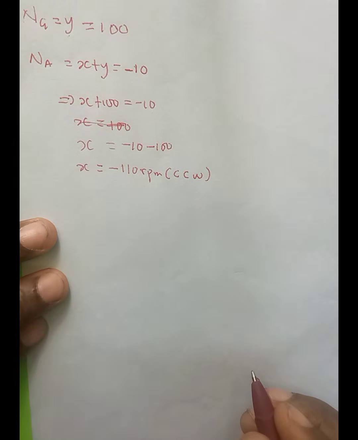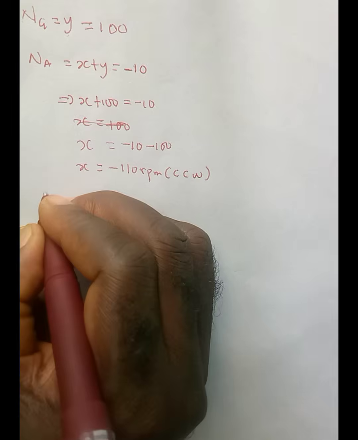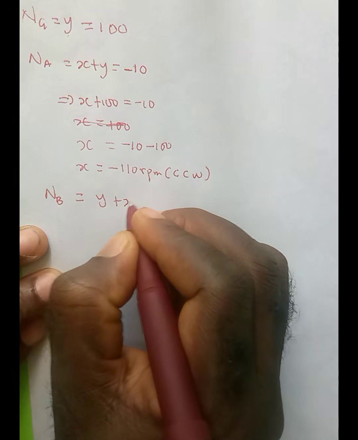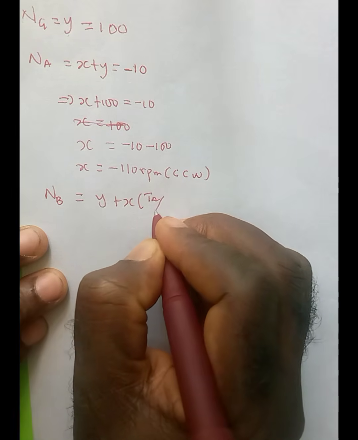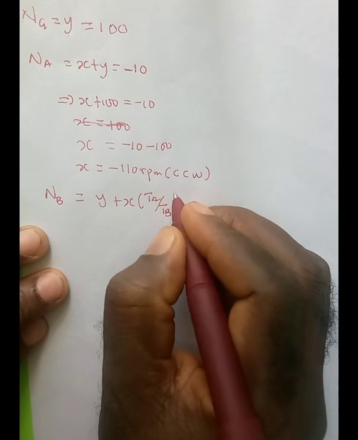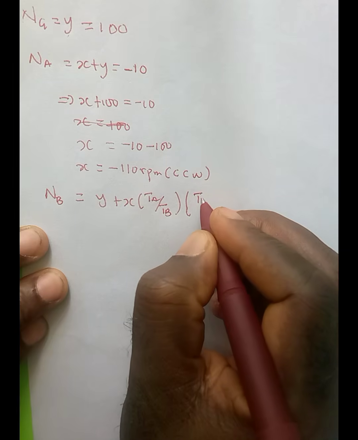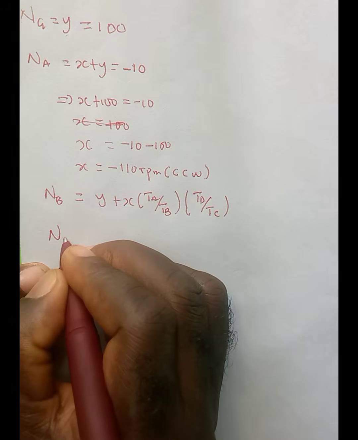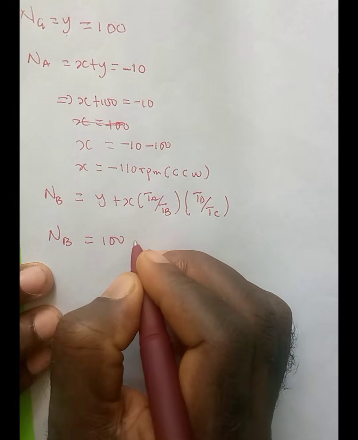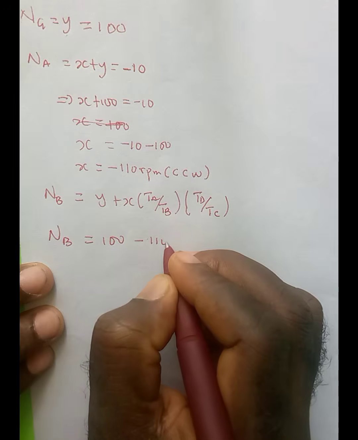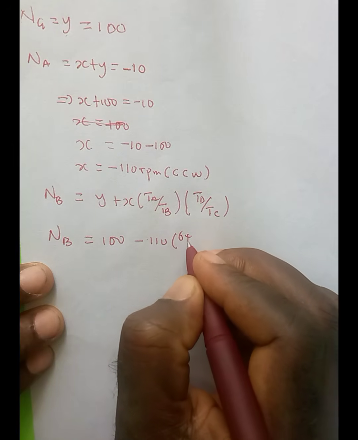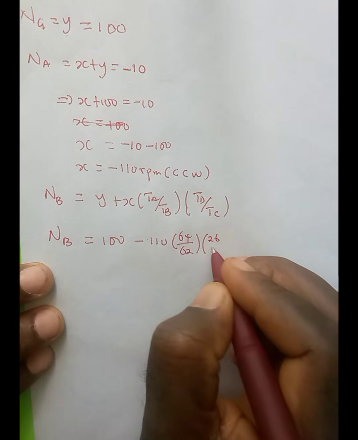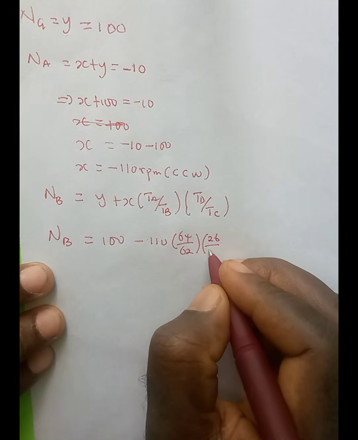Then, to calculate the speed of B, we know that the speed of B, NB, is given by Y plus X into TA over TB multiply TD over TC. Then when we substitute the value, NB will be equal to 100 minus 110 into TA, which is 64, over TB, which is 62, multiply TD, which is 26, over TC, which is 28.